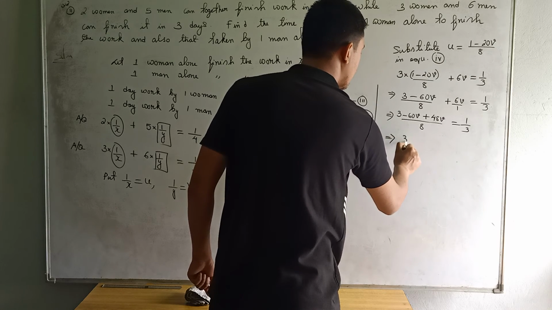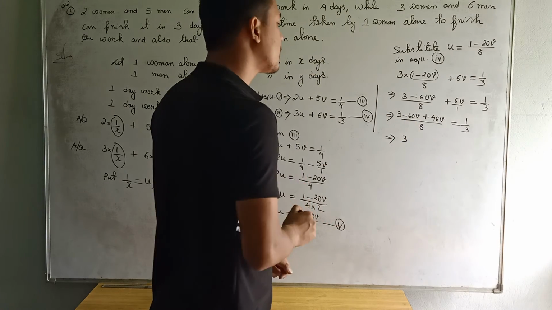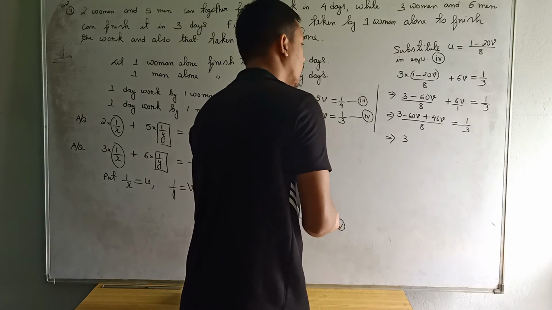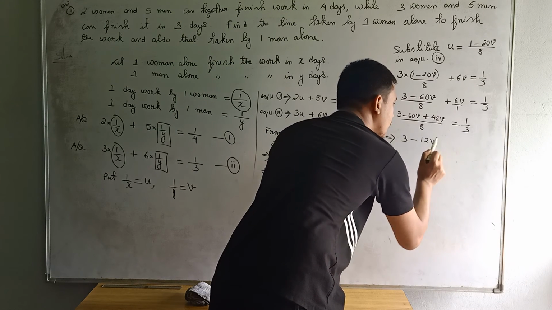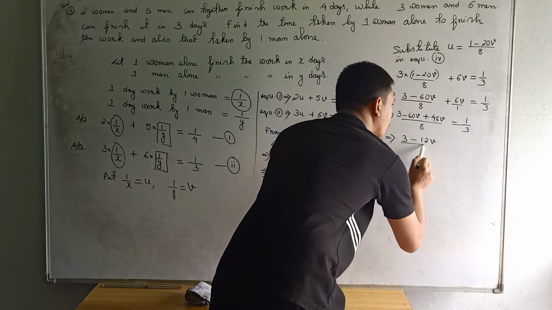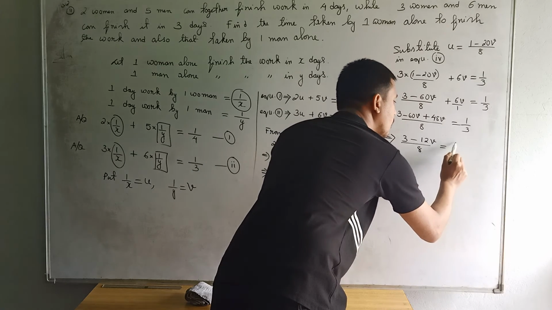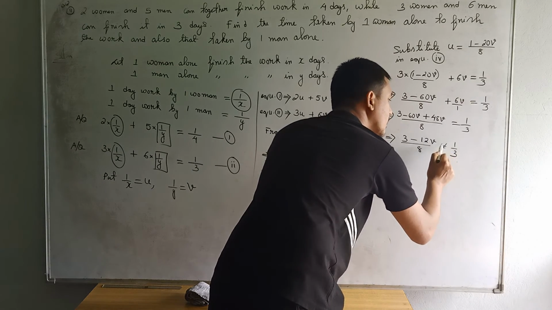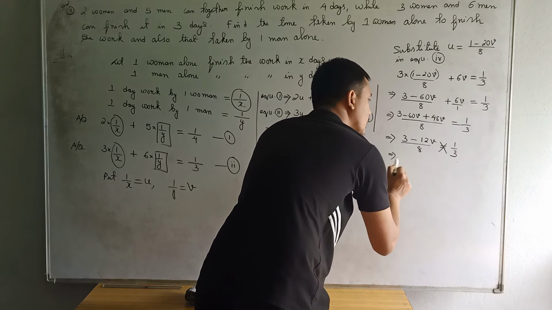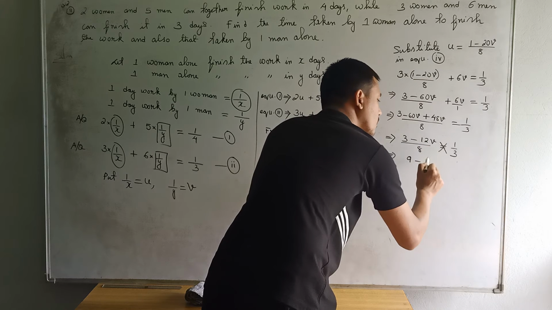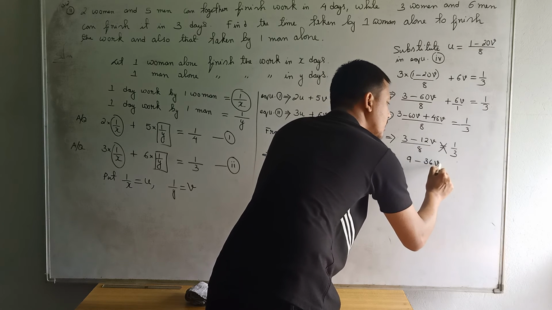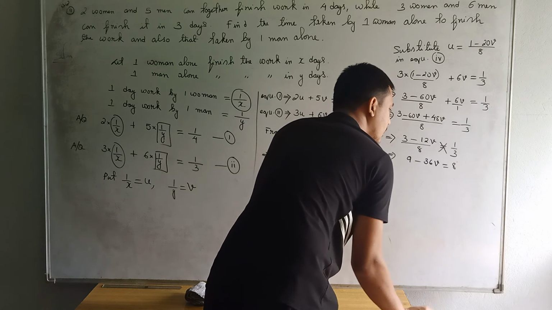So this 3 as it is, minus 60v plus 48v, minus 12v, right? Upon 8 is equal to 1 upon 3. We can cross multiply. If you cross multiply, 3 times 3 is 9, minus 12 times 3 is 36v is equal to 8. Correct?